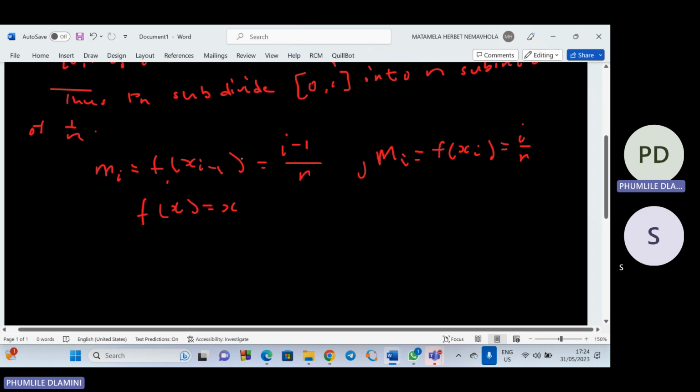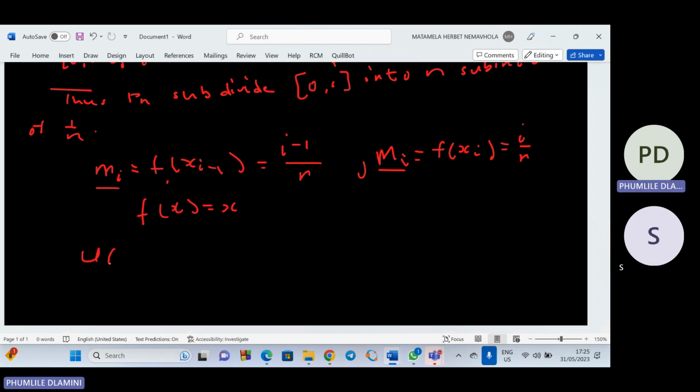So normally you just take this i minus 1 in the function, then you divide by n every time. Now we know the small mi and the big Mi, so now we can get our U of P.